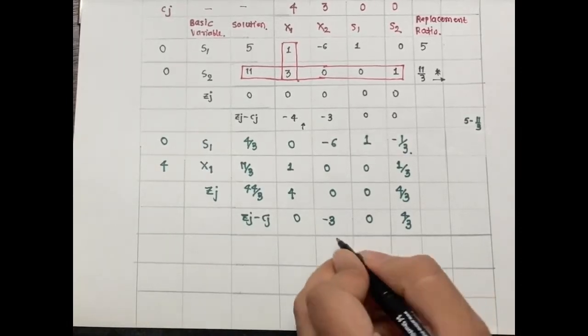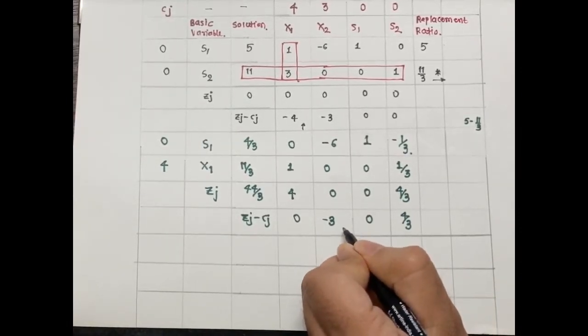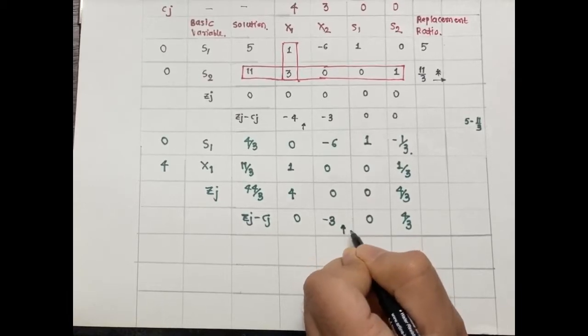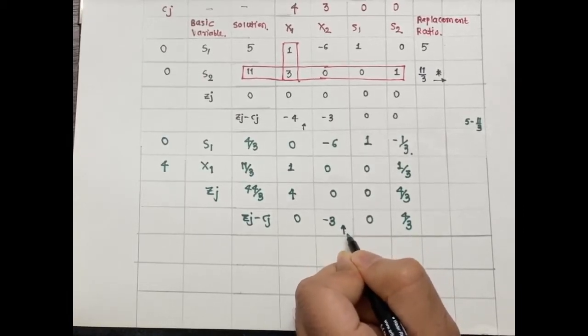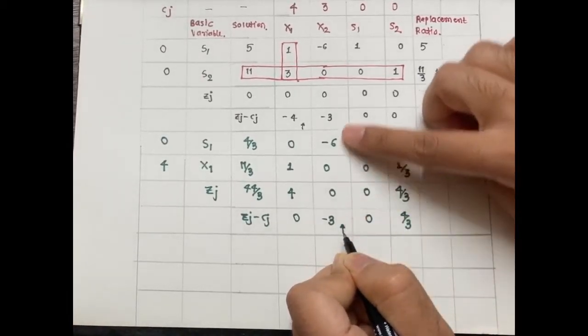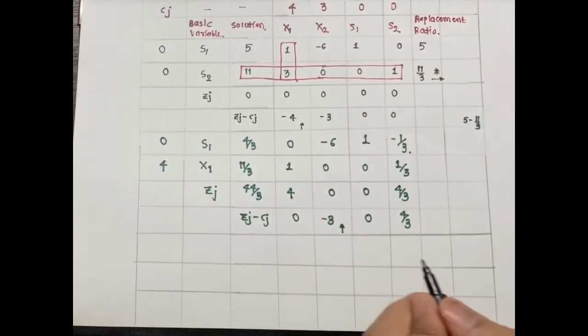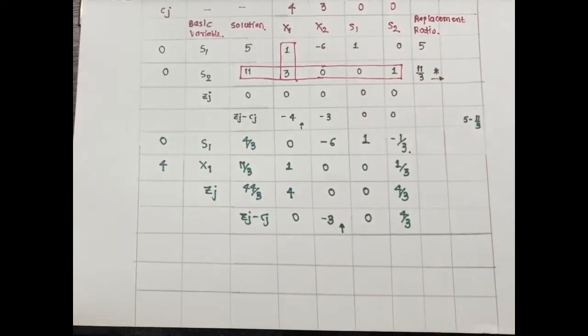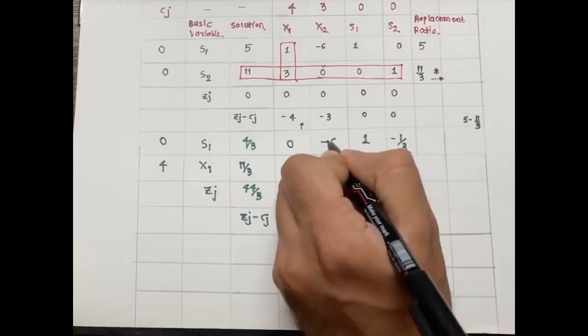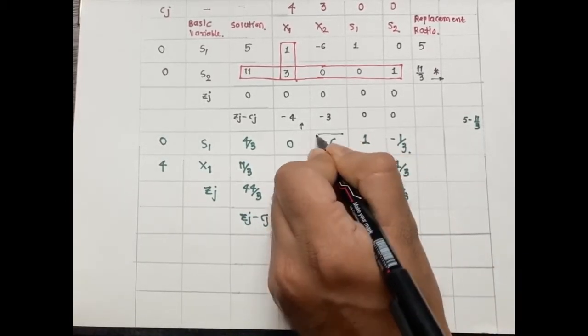What it indicates is that minus 3 is still a negative value here, so x2 is my incoming variable. Now to compute the outgoing variable, I require to compute the replacement ratio. So this gives me my key column.